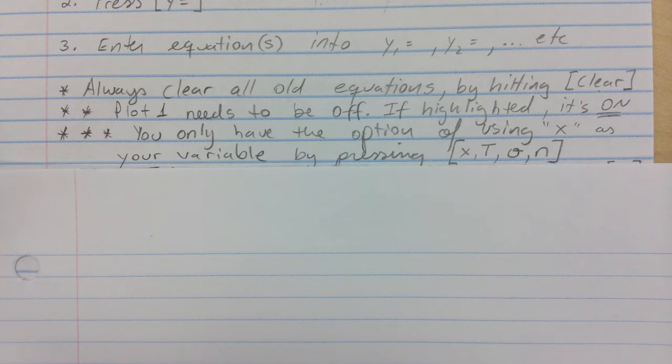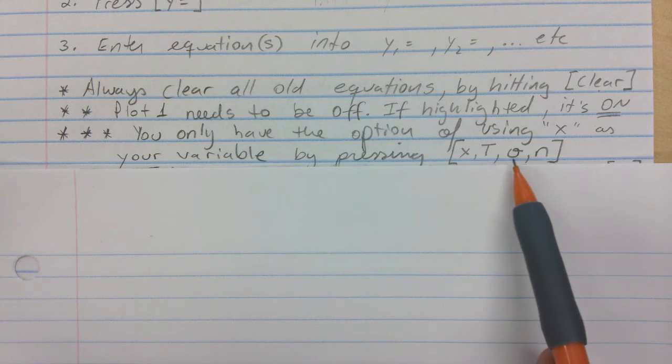So the only way to do it is always to say, okay, I'm going to use x as my variable, and try to find that button as soon as you're done writing this line. It's right next to alpha, which should be a green button on your calculator. It's at the top left of your keyboard. There's that X,T,theta,n button. It looks like this, okay?